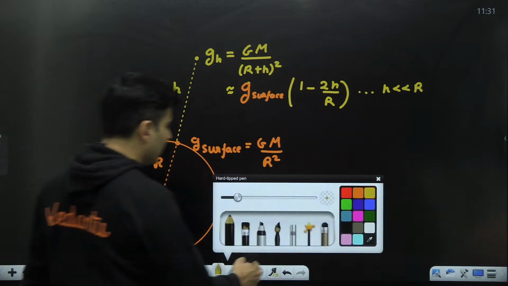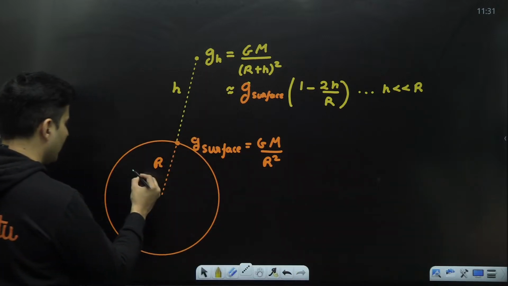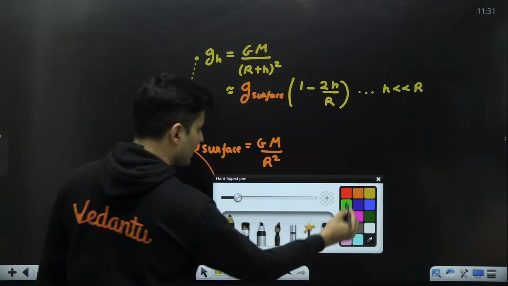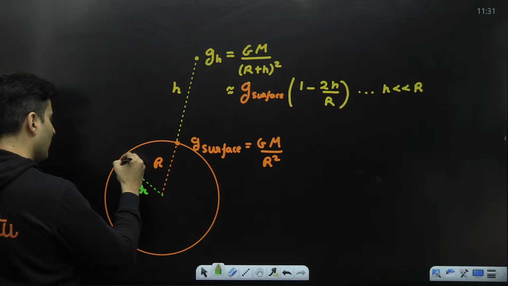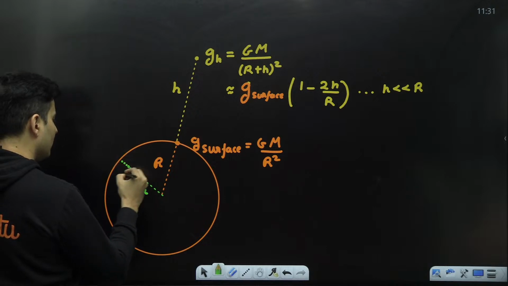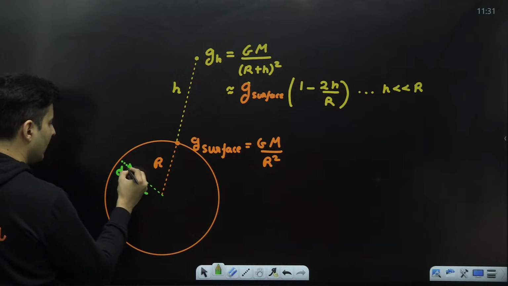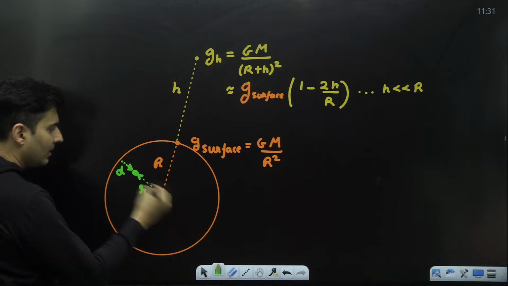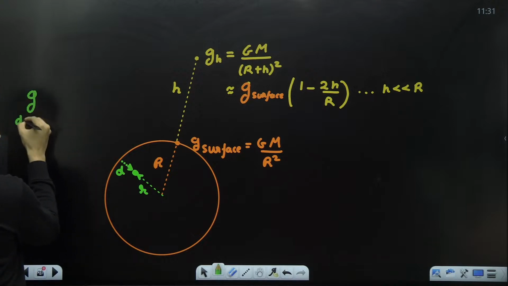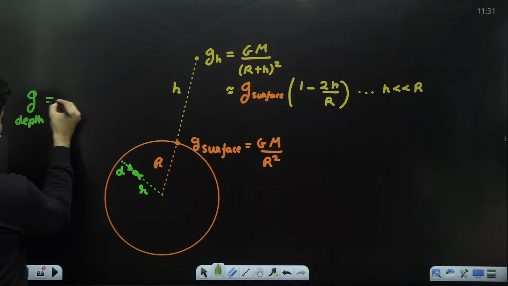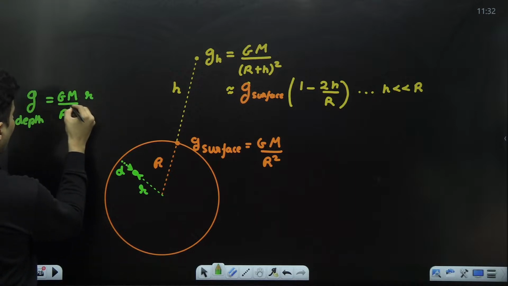Okay. Similarly, let's go down and see what exactly happens. So let's say you are over here. This is r. And you can go the other way around also. This is basically d. So at this particular point, this is depth. This is the distance from the center. Both ways you can get it. So gravity at some depth, gravity inside, can be written down as Gm small r divided by r cube.